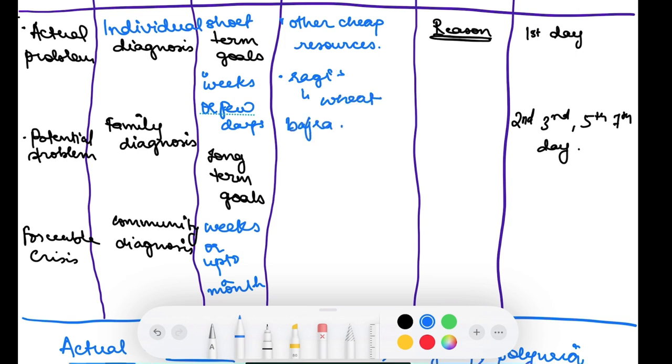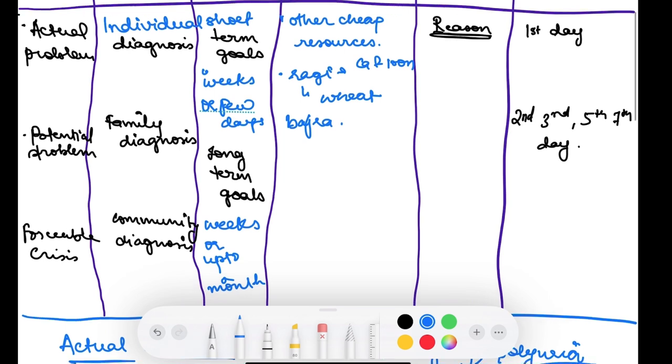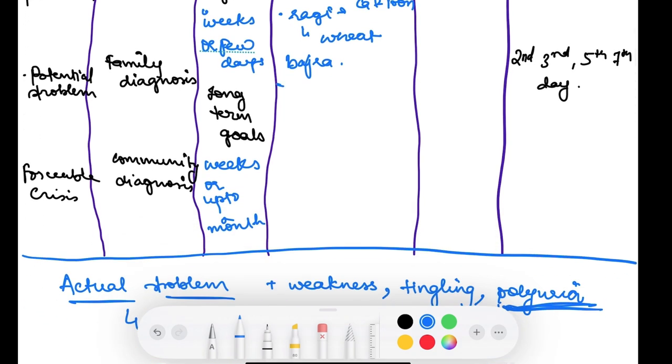Ragi is rich in iron and calcium, so we can provide ragi food to the persons. Due to cooking methods, we can change the method of cooking. In menu planning, we can include all types of meals, food rich in all the vitamins and minerals, provided to the family members.